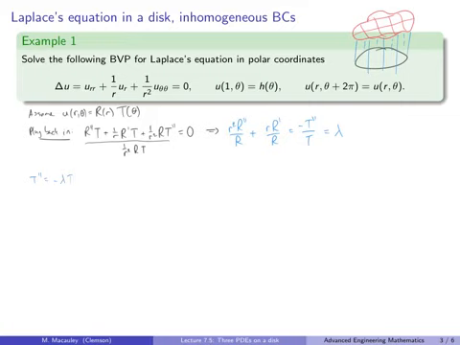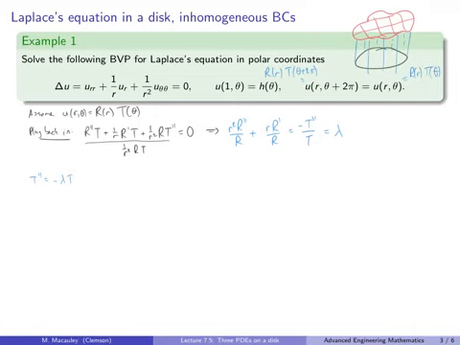We also have a boundary condition from this periodic condition here. Recall that this tells us that big R of r times T of theta plus 2 pi equals u of r, theta, which is big R of r times T of theta.